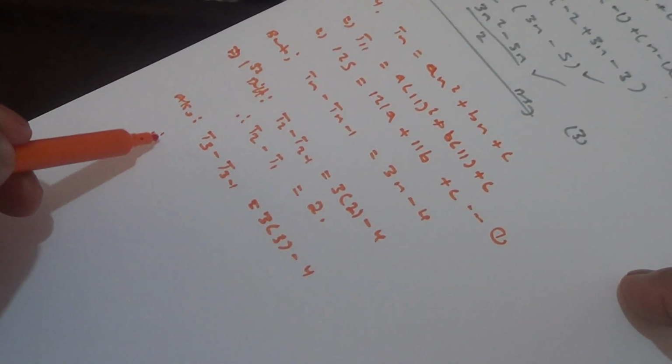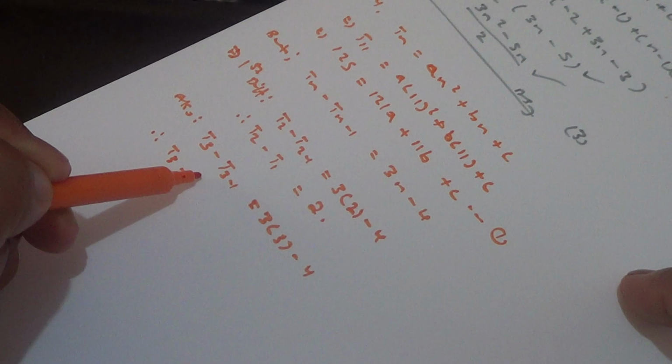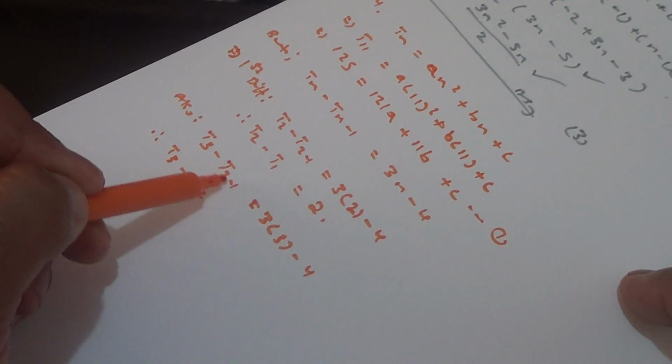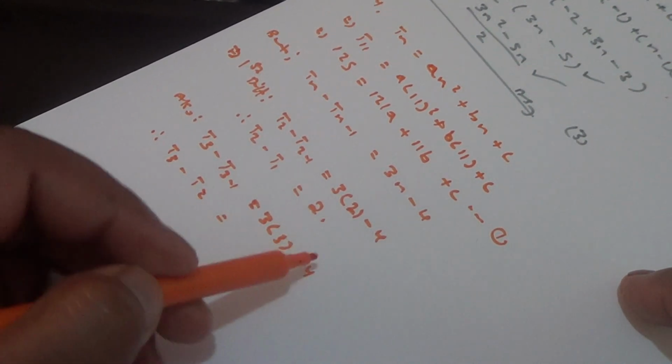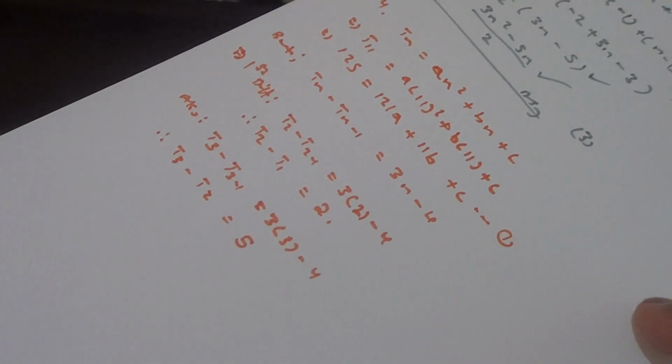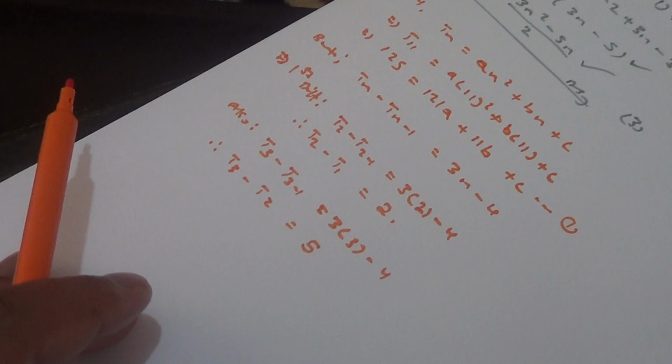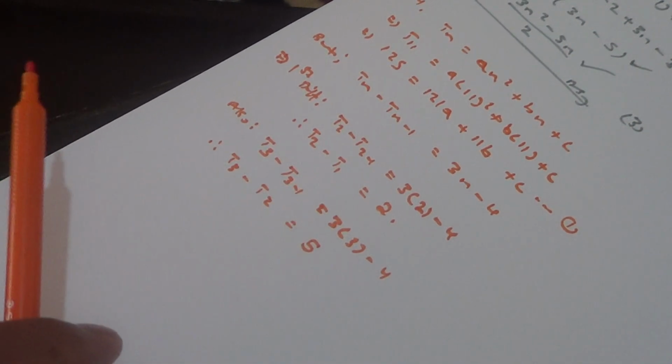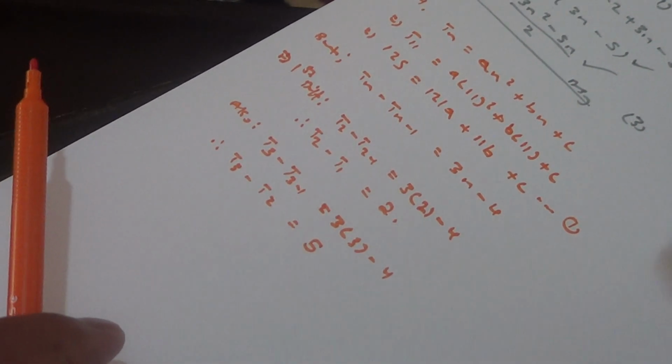No problem. Therefore, this is t3 minus t2, because 3 minus 1 is a 2. It equals 9 minus 4 is 5. Alright, so we are happy now.